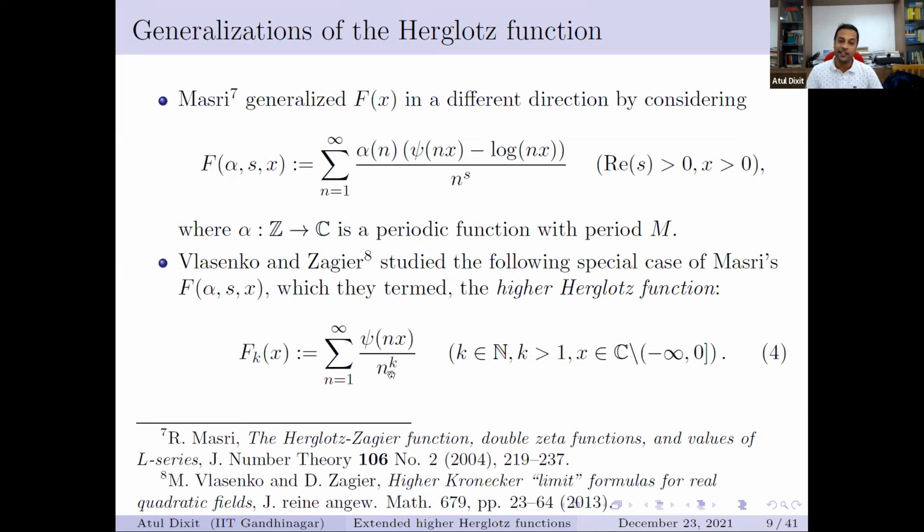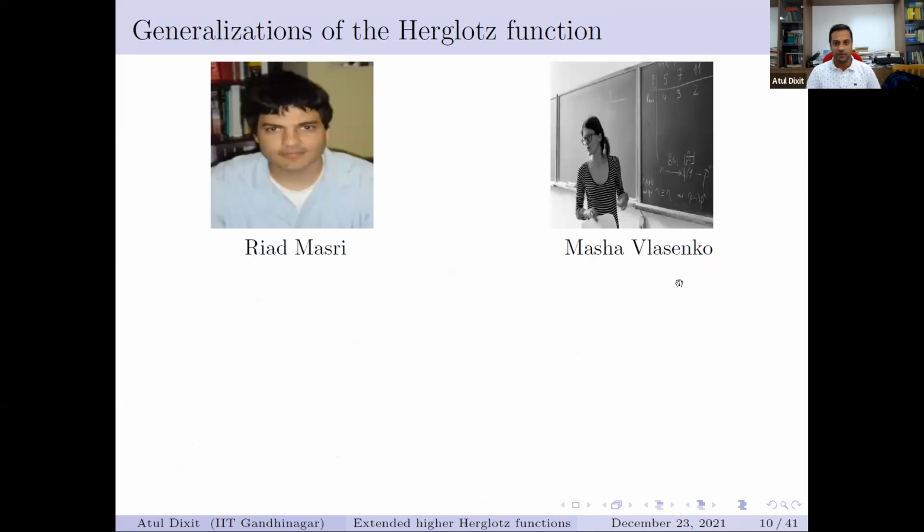When k is strictly greater than 1, you don't require this log. But when k is equal to 1, this series will diverge, and that's why you require this log nx to be subtracted. So they looked at this generalization of the Herglotz function. They called it the higher Herglotz function, and they encountered it in higher Kronecker limit formulas for real quadratic fields. Here is a photograph of Riad Masri, and here is Masha Vlasenko.